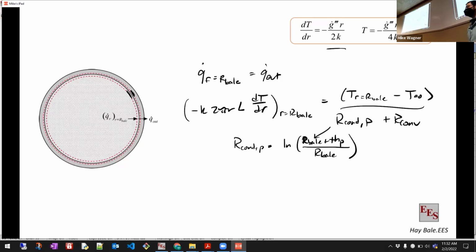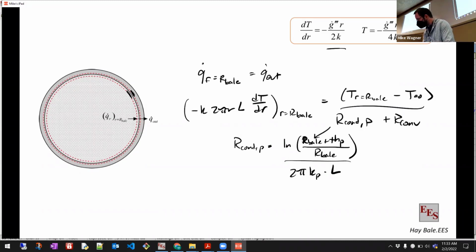It's a natural log of R out over R in divided by 2 pi times conductivity of the plastic times L. Right, that's our cylindrical coordinates resistance, very messily written for the plastic. By the way, the plastic is so thin, you could very legitimately use a plane wall resistance for that and get the same answer. Okay. Just as an aside.